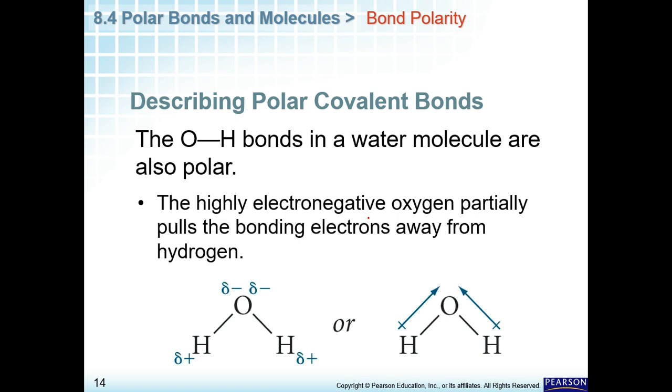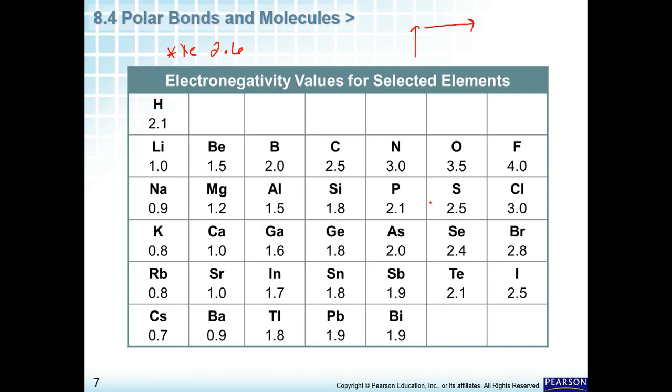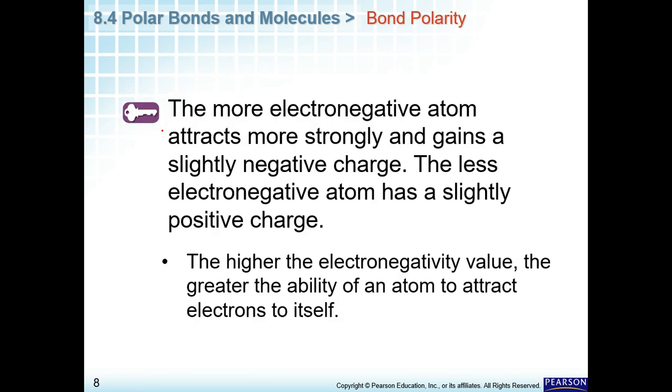Besides those two, let's look at water. Water is an extremely polar molecule, and it's used to dissolve a lot of salts because of its polarity. If we look at this, oxygen on your table is a 3.5 on that scale. Hydrogen is a 2.1.